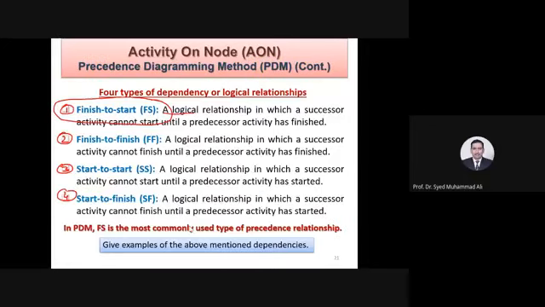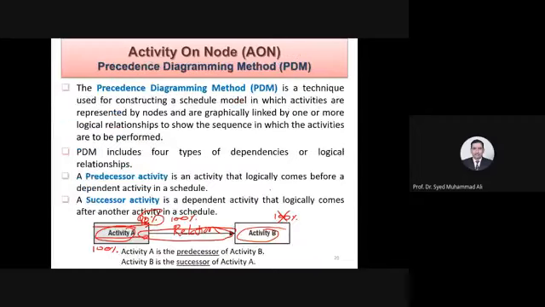Start to start. A logical relationship in which a successor activity cannot start until the predecessor activity has started. B cannot start from 0% onward if A has not started.